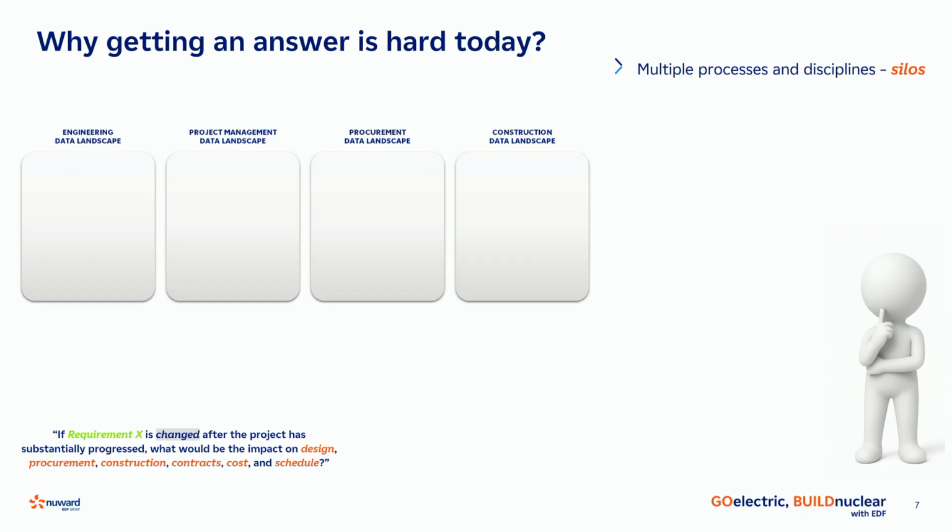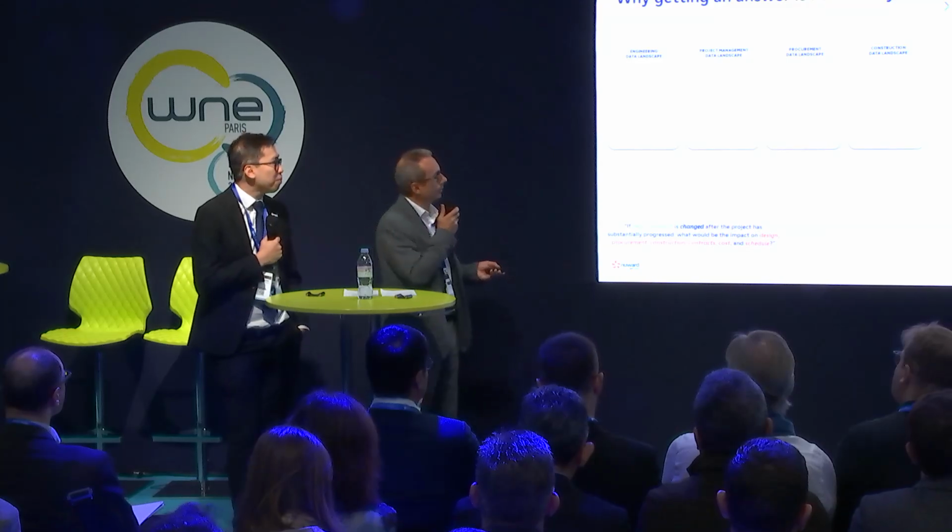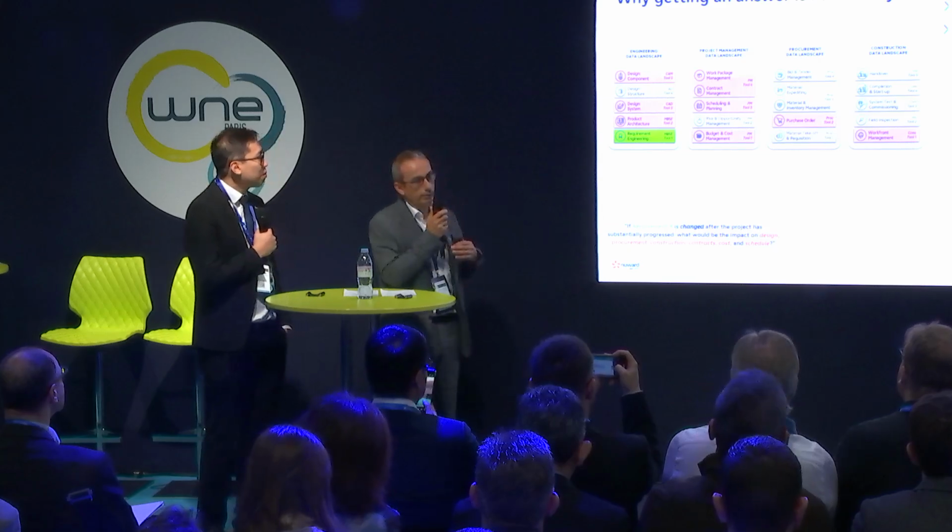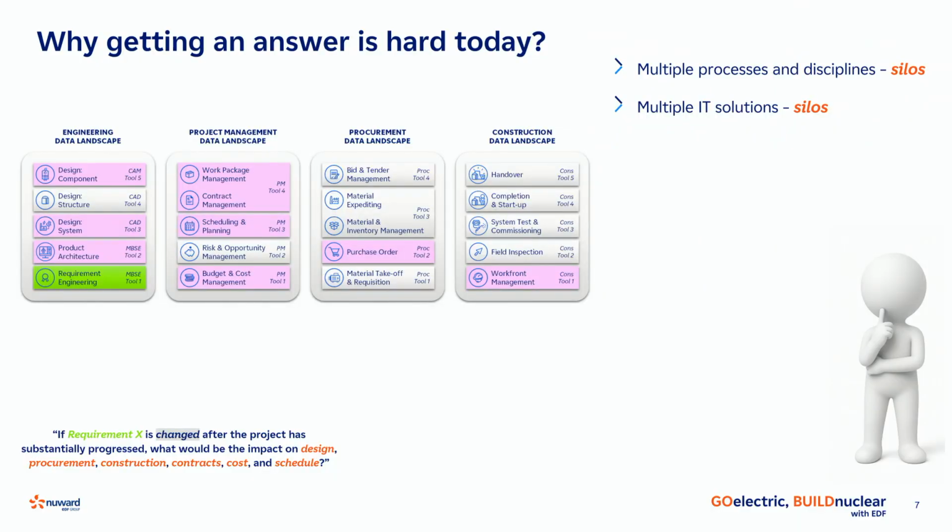We could also have the commissioning. Those by themselves are silos. Now if you look at the processes inside each of these silos, you will have many solutions that try to manage this process. And all these solutions also contribute to creating additional silos.